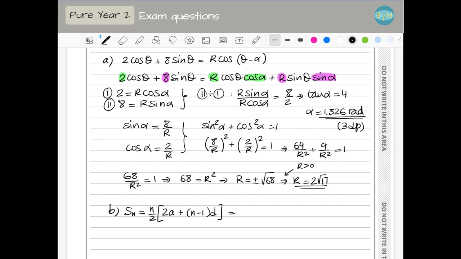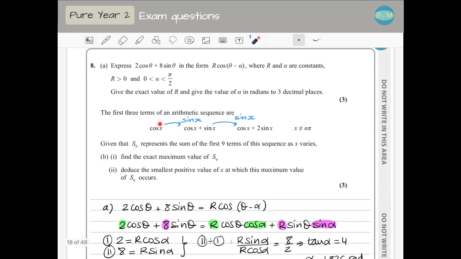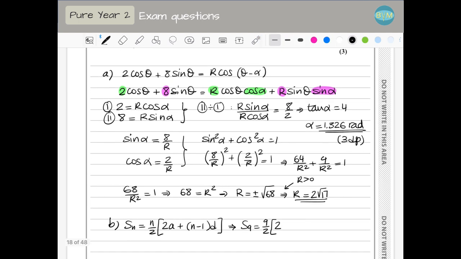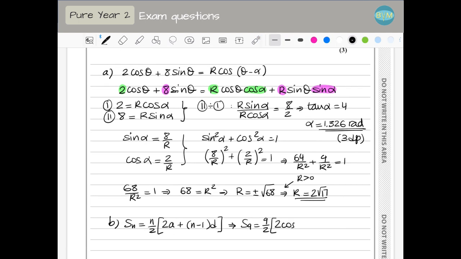So in this case, S9 will be 9 over 2 times 2a, which is 2 times the first term, 2 cos x, then plus n minus 1, which is 8, times the common difference sin x. And we need to find the maximum.